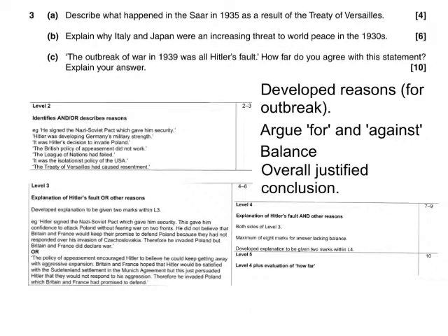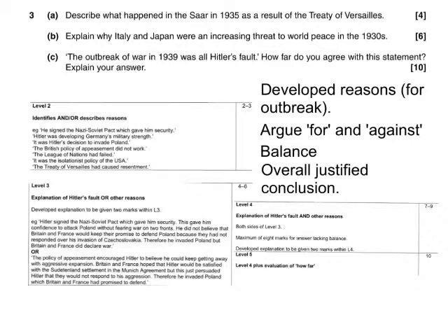So what I need to be doing is looking at why that reason outweighs the other. So for example, I might be looking at the policy of appeasement and saying that that was the main reason, and then if I want to justify that, rather than just stating why appeasement led to war, I could be saying something like appeasement was the most important because this was the catalyst that allowed Hitler to get away with it, and Hitler's own actions would not have been possible without appeasement.